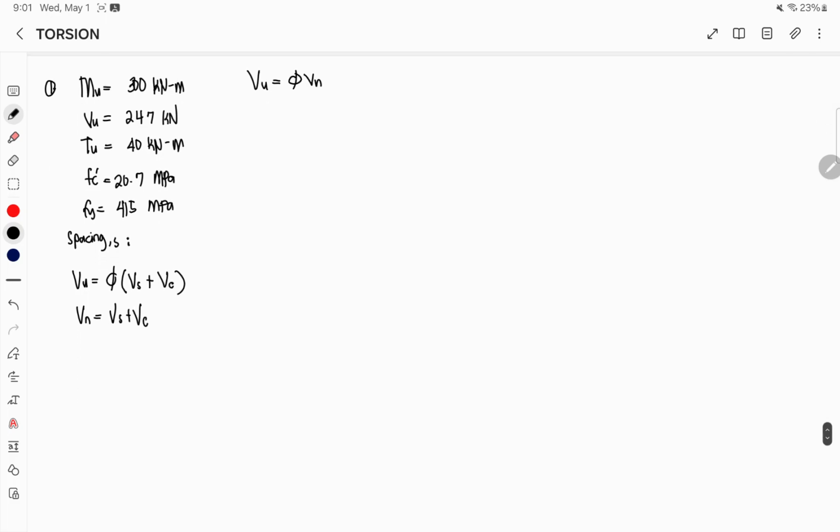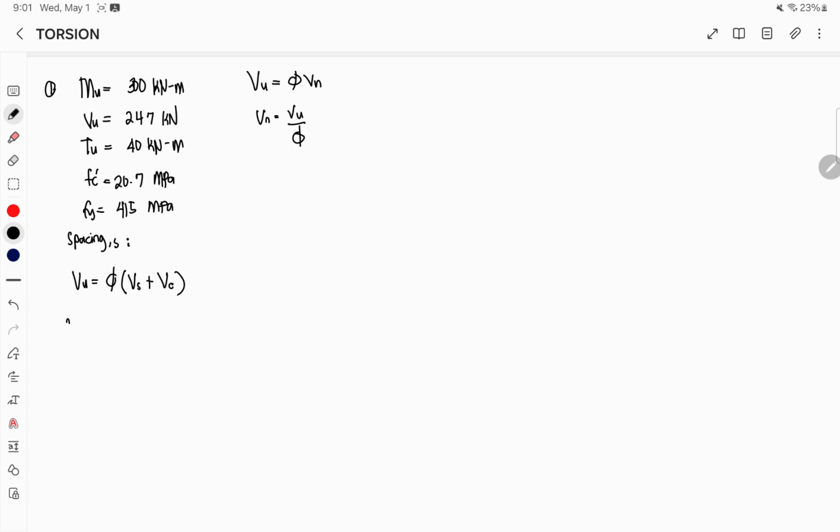Since we have Vu, this is the equation we will use, where Vn is equivalent to Vu over phi.